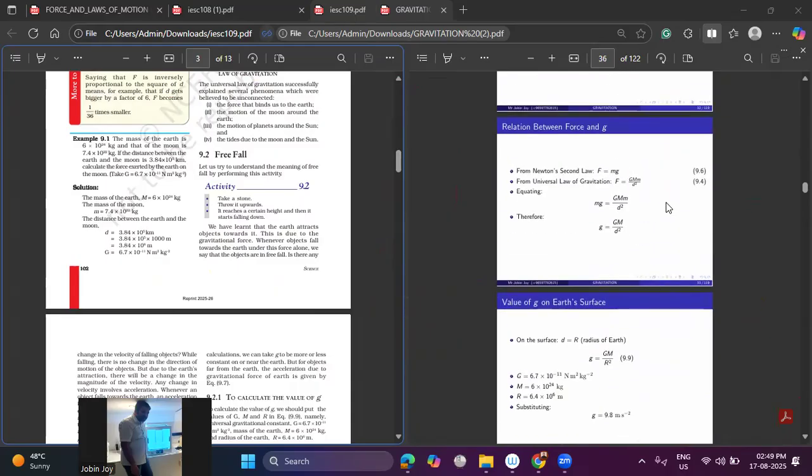Next, we are going to calculate the value of g. From Newton's second law, we calculated F is equal to m into a, mass into acceleration.